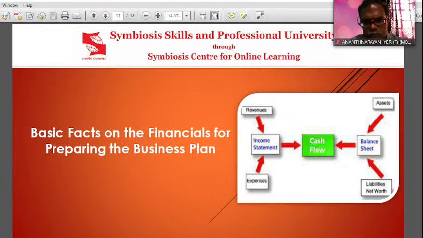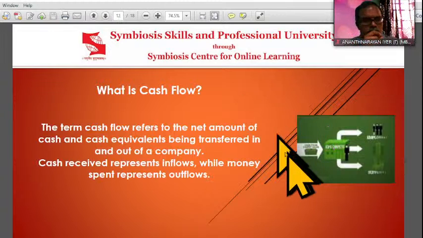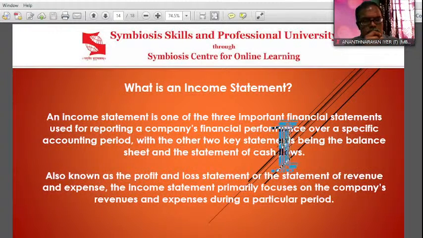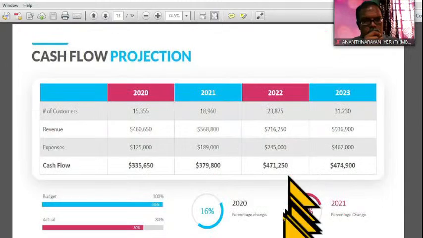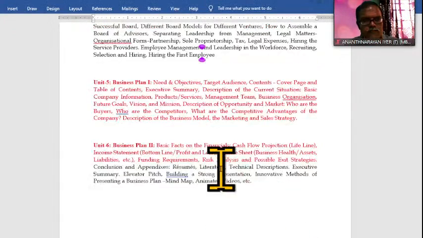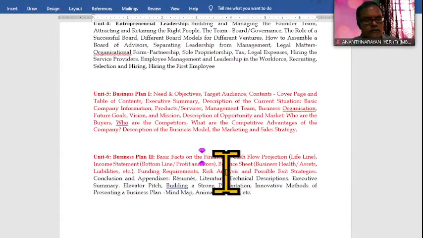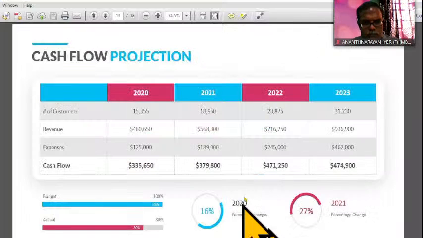Combining this together, you can come out with a cash flow, which we have seen already. Okay. So here we have covered this part. Let us have some discussion on our further topic because we have time with us right now.